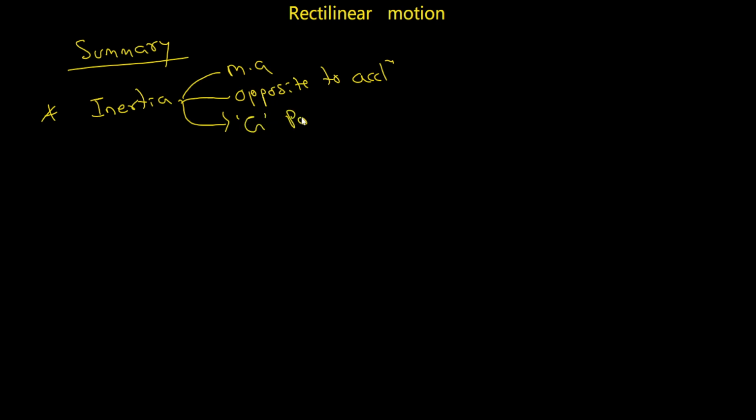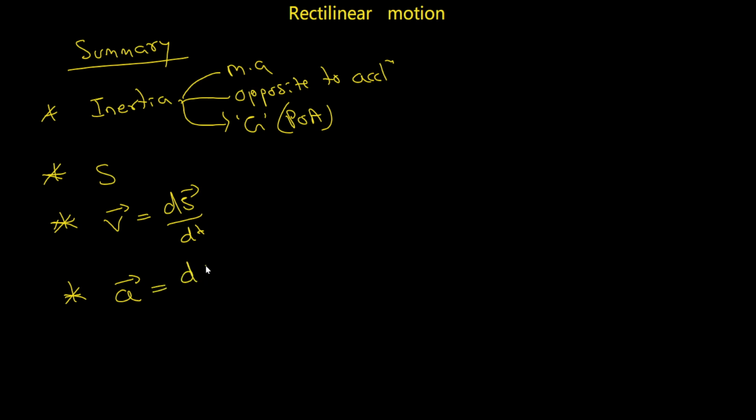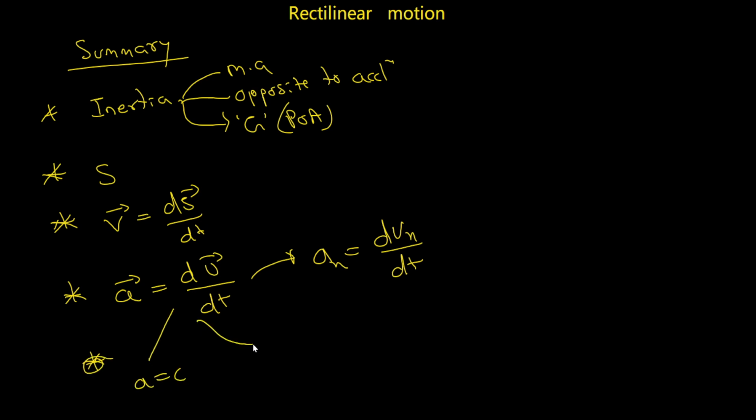Okay, point of application. Then we discuss displacement. Then we talk about velocity vector, which is nothing but rate of change of displacement vector. Then we talk about acceleration, that is nothing but dv vector by dt. If you are applying in a particular direction, ax will be equal to dvx by dt. Okay, then if it is uniform, acceleration is constant.